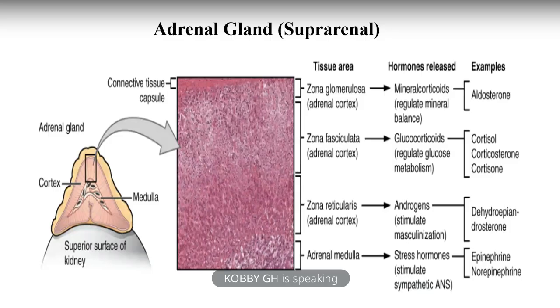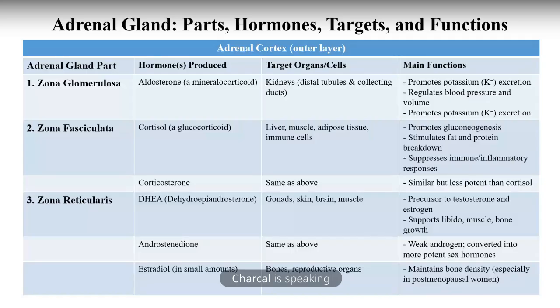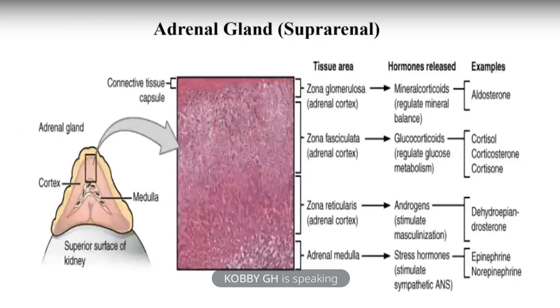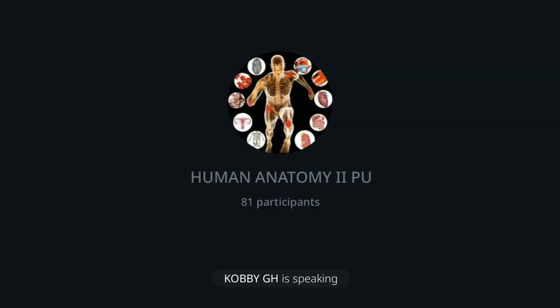Is that okay? Have you all gotten that part? Good. Now, the outermost region has several divisions, and that is the most important part I want you to concentrate on.